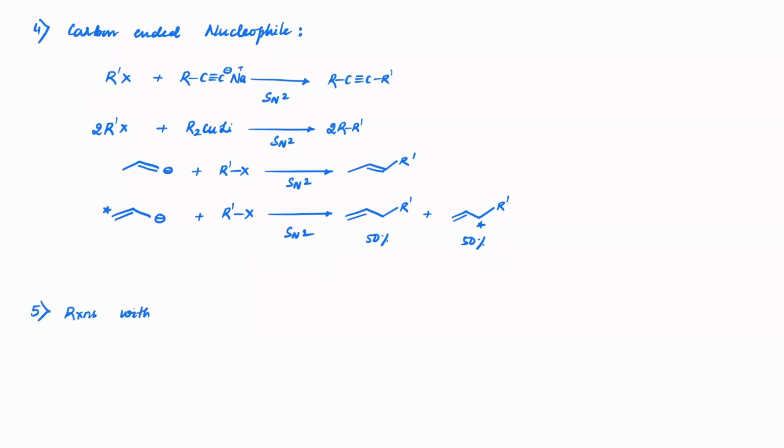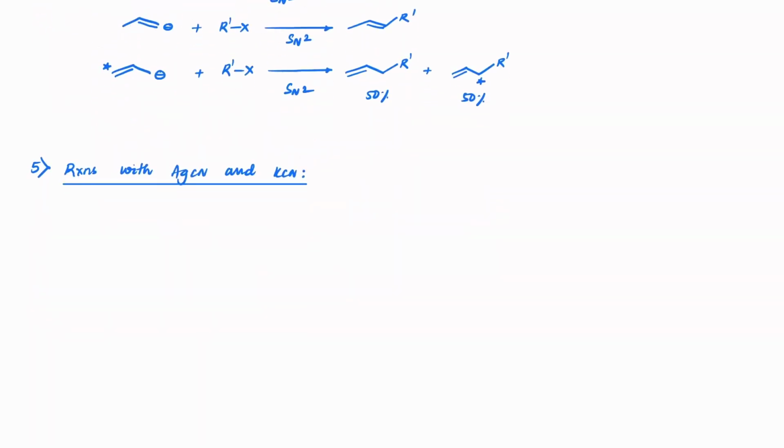Next one is about reactions with AgCN and KCN. If it comes to AgCN and KCN, you will see RX when you react with KCN will give you RCN plus RNC. For 1 degree and 2 degree, usually SN2 mechanism is favorable. This is major and this is minor.